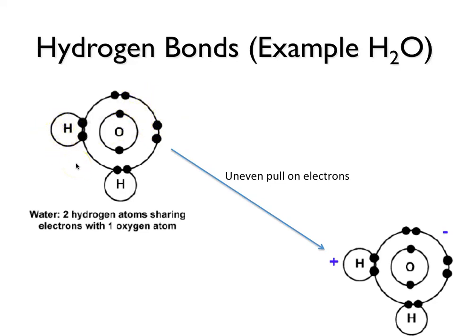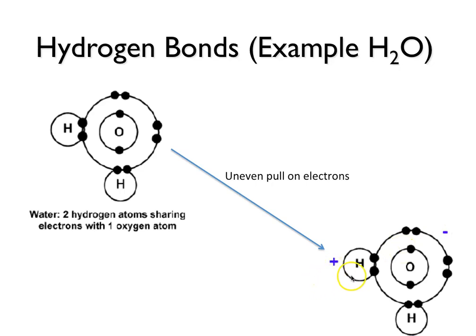Now, this is still sharing, so it is still a covalent bond. However, because the electrons spend more time over here, that creates a negative charge on this side of the molecule and a partial positive charge on this side. This is also a partial charge. And so because we have a plus pole and a minus pole, we call this a polar covalent bond.